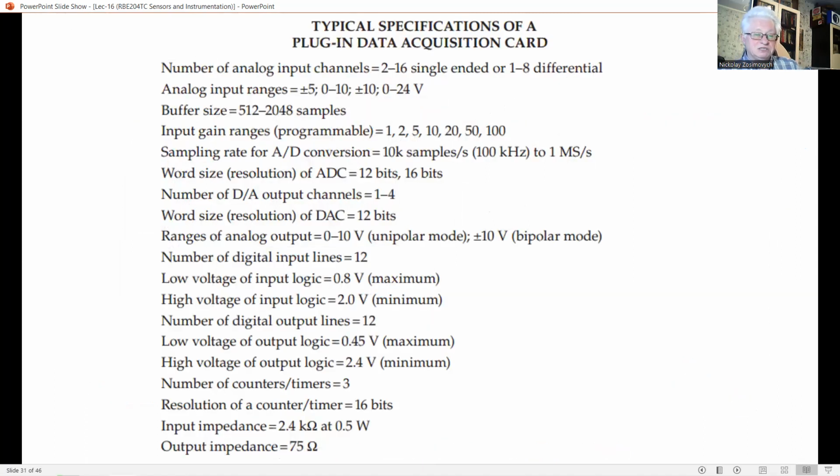Specifications of typical DAQ cards are given in this slide. Many of the identified parameters are discussed earlier. Others are either self-explanatory or discussed elsewhere in the lecture. Particular note should be made about the sampling rate.